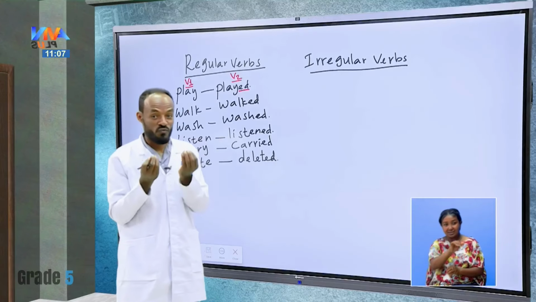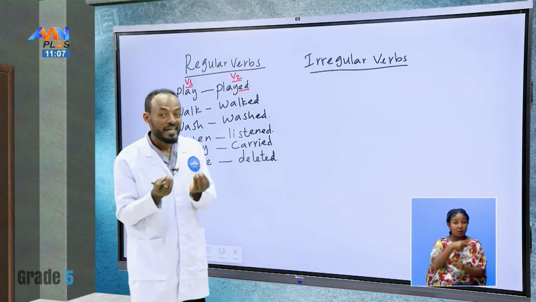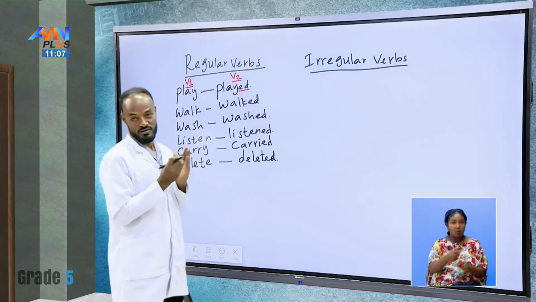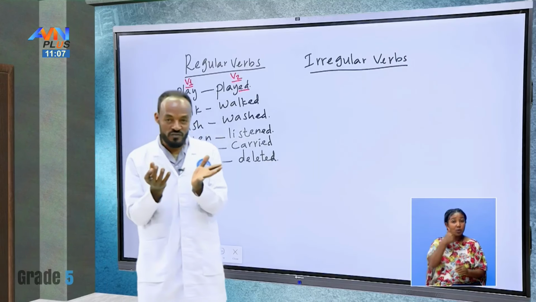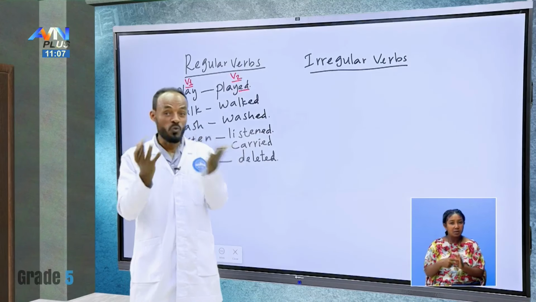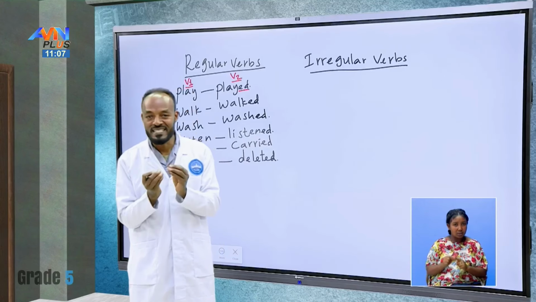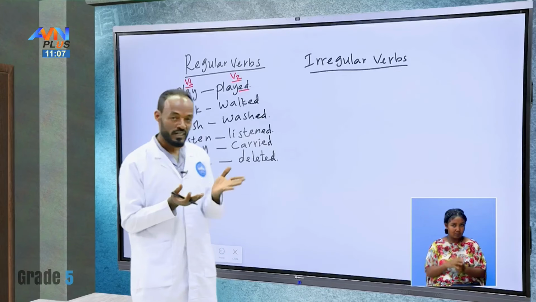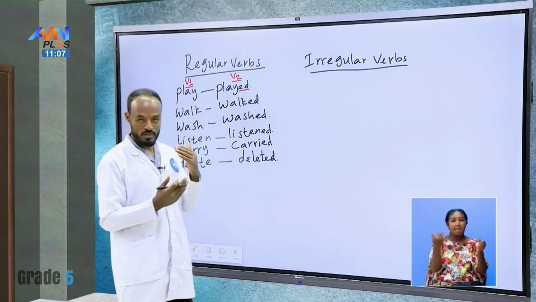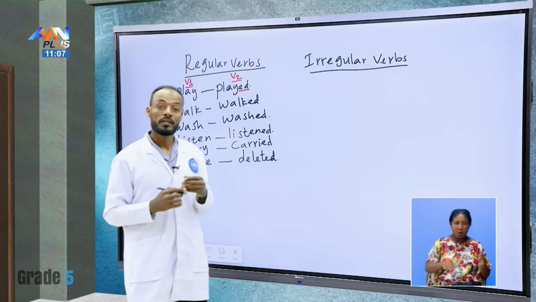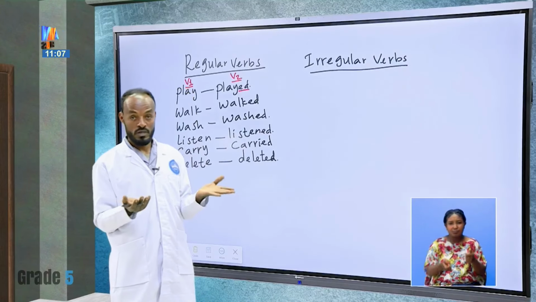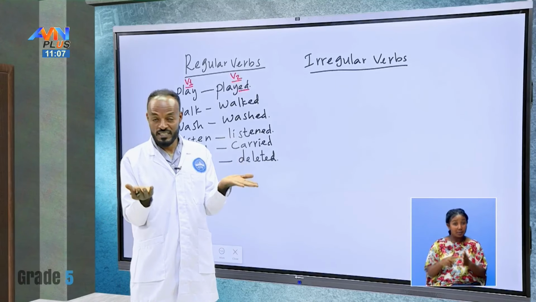Such kinds of words or verbs can be said to be verb 1. When we say verb, we mean action words. Any action word can be considered a verb. Is it clear? For example, play, just playing, it can be playing ball, it can be playing a game and so forth. So play means action, isn't it?